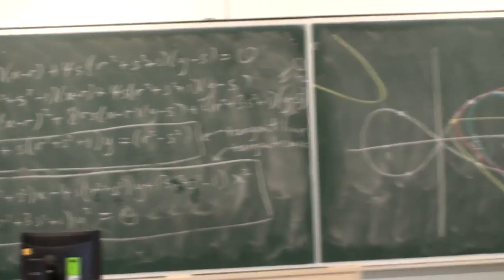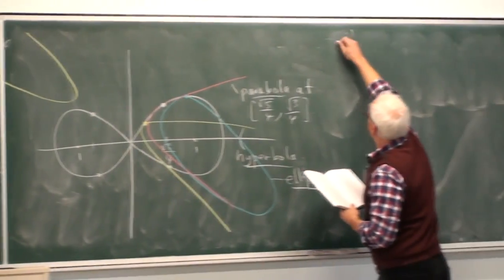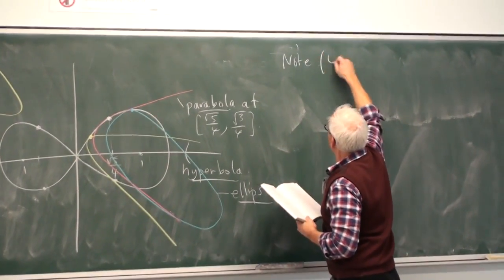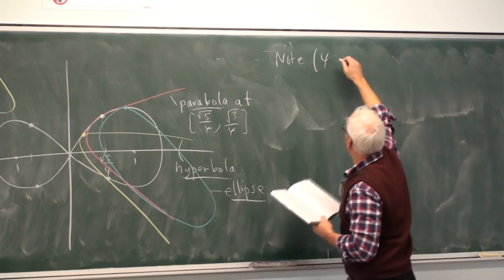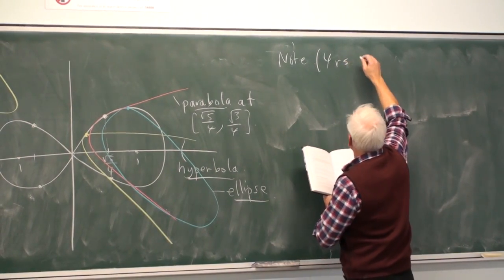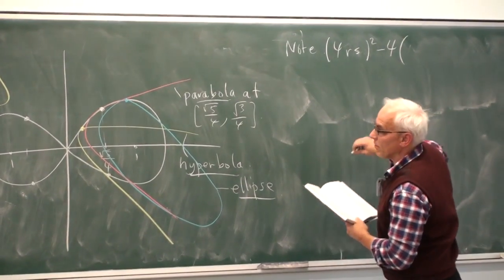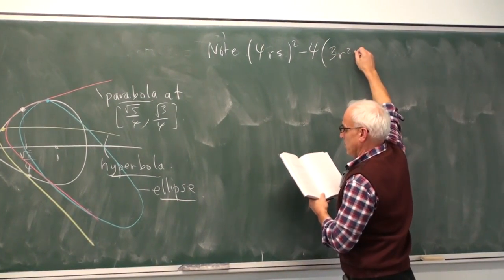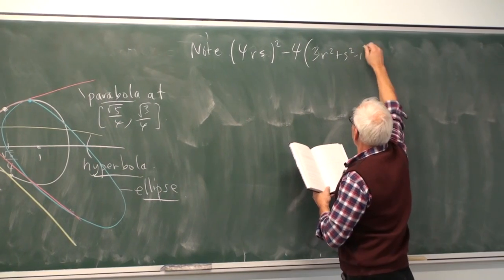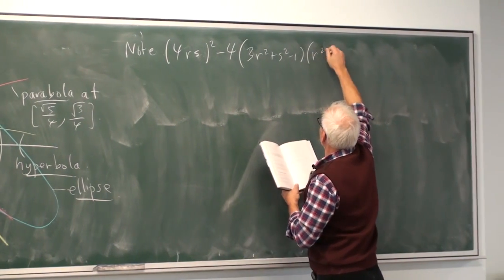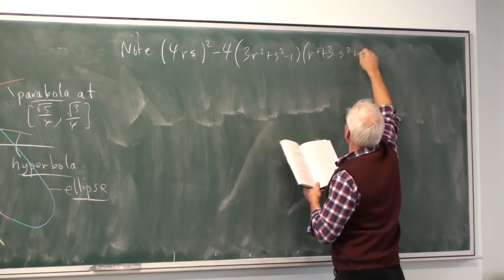So if I look at, note that 4rs squared minus 4 times the other two things, 3r squared plus s squared minus 1 times r squared plus 3s squared plus 1.